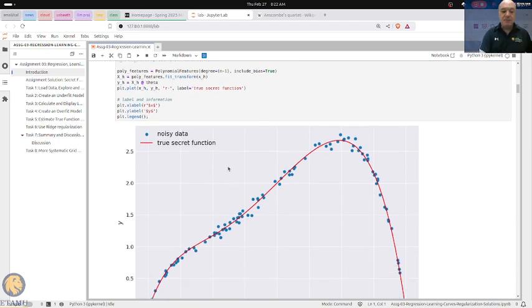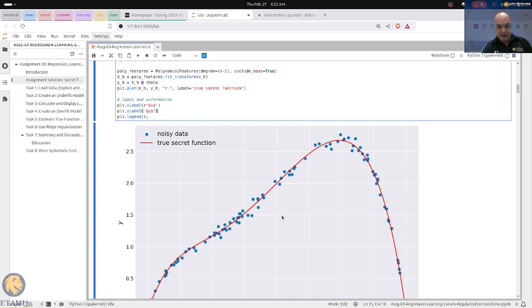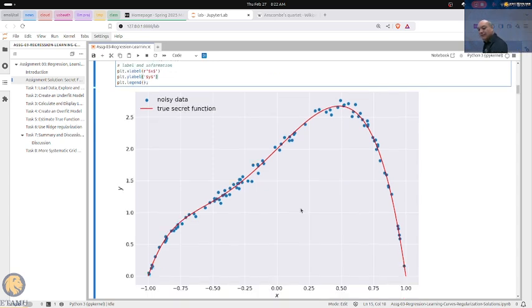Also, once I post this example solution, another reason why it's good to go back and think about this example is that normally when you do data analytics projects, when you're doing machine learning and trying to model a set of data, you won't ever really know what the true function is that generates that data, right?